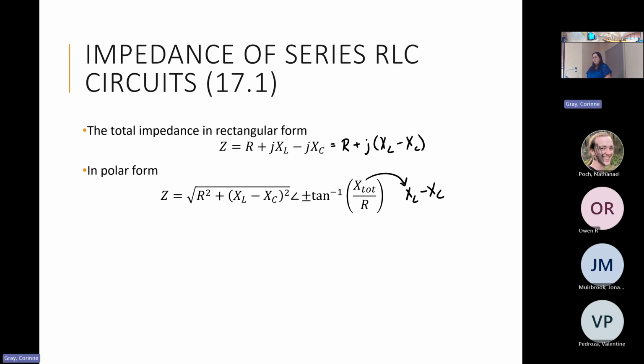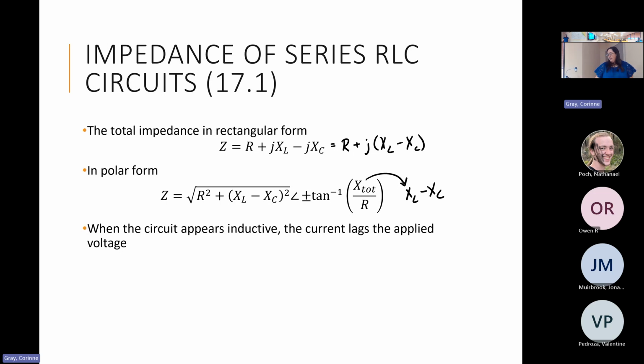We've talked a little bit about lagging and leading. With the RLC circuit, especially those in series, whether XL or XC is greater is going to determine how that lagging and leading works out.